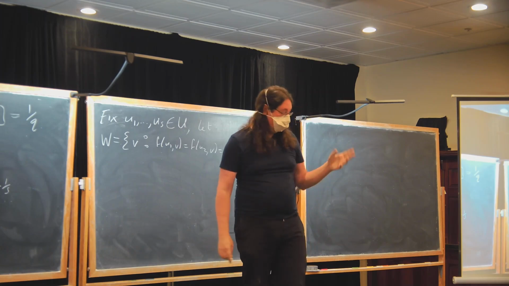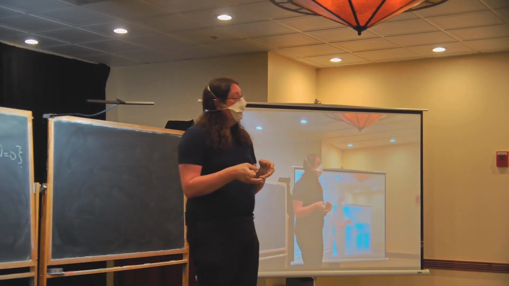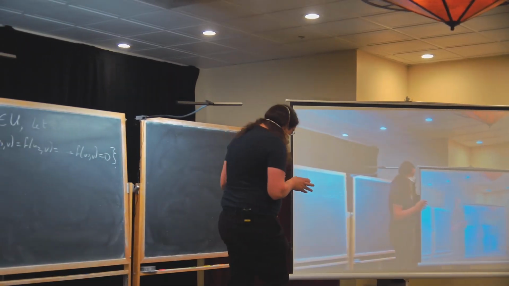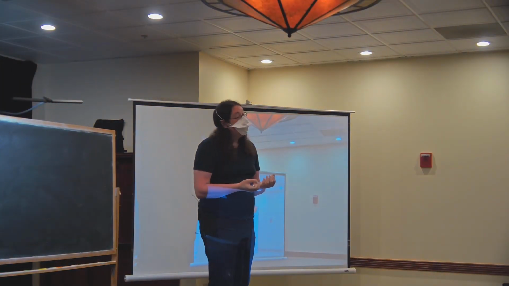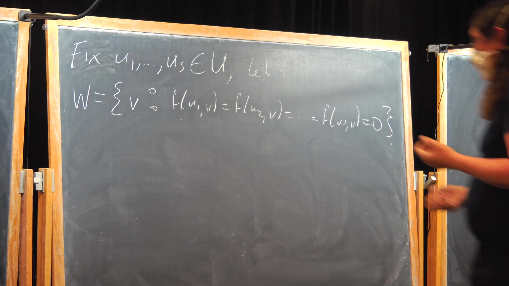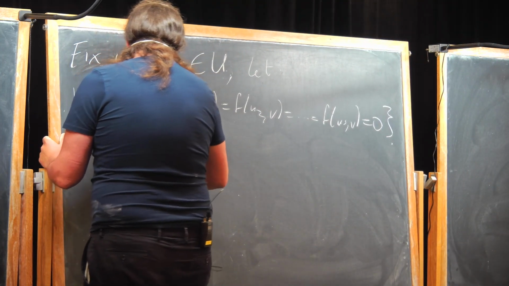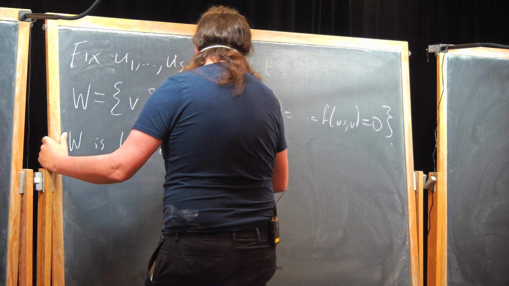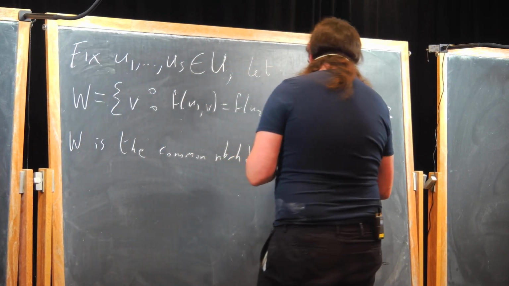This is the common neighborhood of u_1 up to u_s. So our aim is to show that for all u_1 up to u_s, this W is actually small. So think of W as the common neighborhood of u_1 up to u_s.